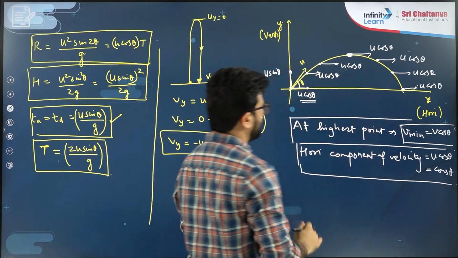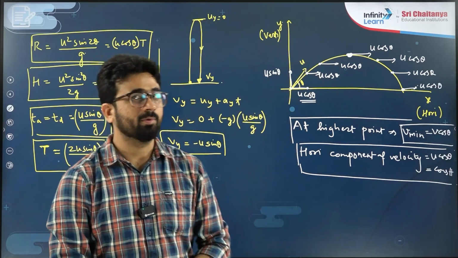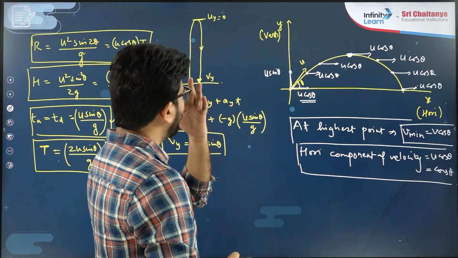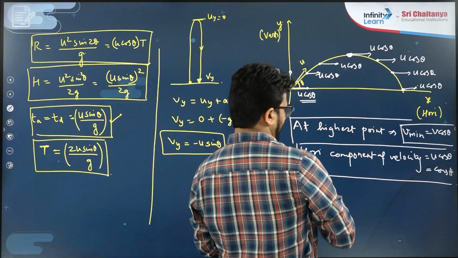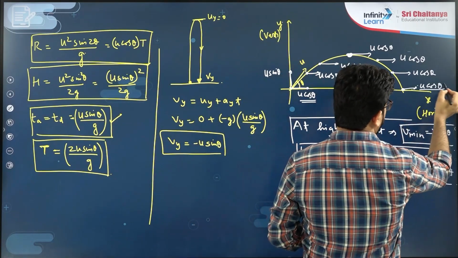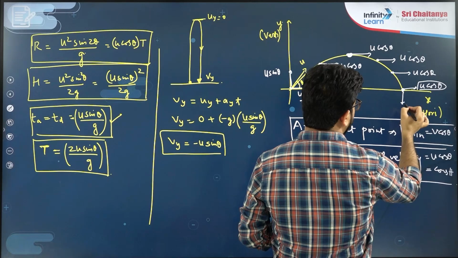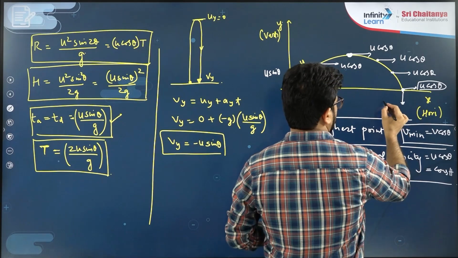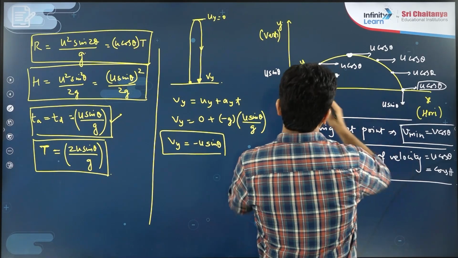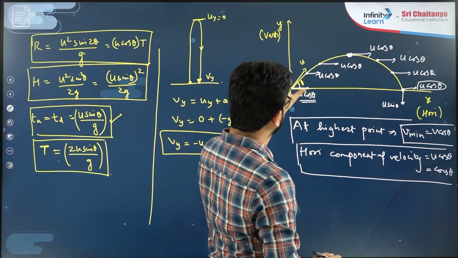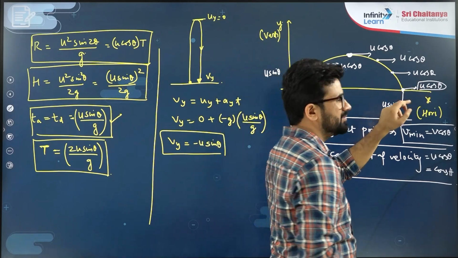Two things. Now come to the third point. You have to be focused upon it. When we see the point of landing, there one component is u cos theta, another component is u sin theta. We have just derived u sin theta. It is similar: u cos theta, u sin theta here, and u cos theta, u sin theta there.